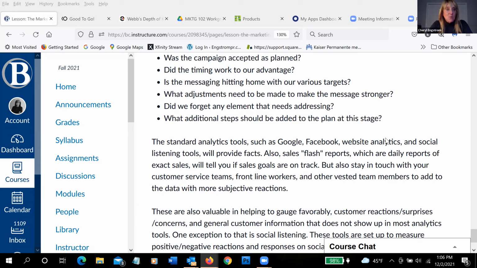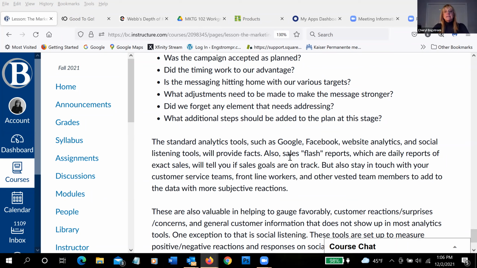They wanted to see what was happening on social, good and bad. And they wanted to see it across all social platforms. They wanted to get instant results, and you can only do that through social listening tools.